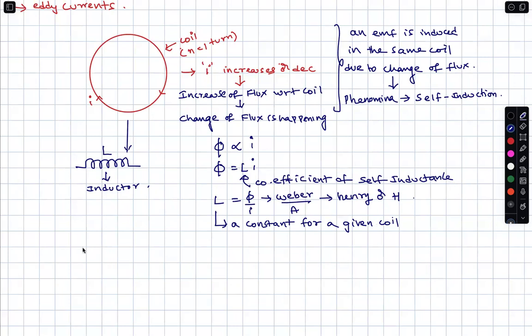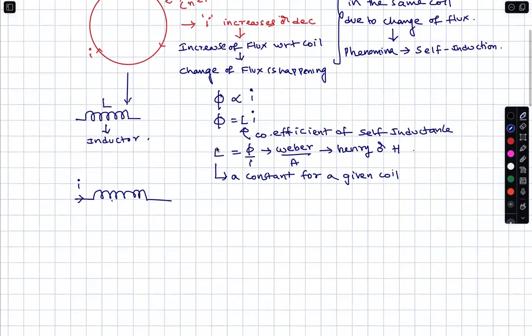Now, when certain current is passing through the inductor, we'll call this L, and this point is A, and this point is B. You know, the EMF induced in this is minus d phi by dt, which means minus L di by dt.